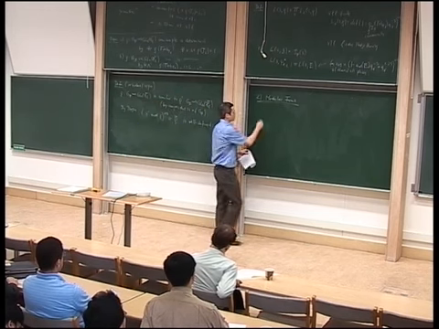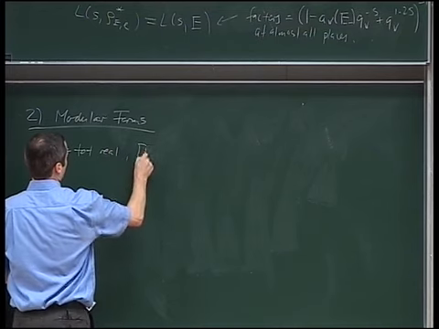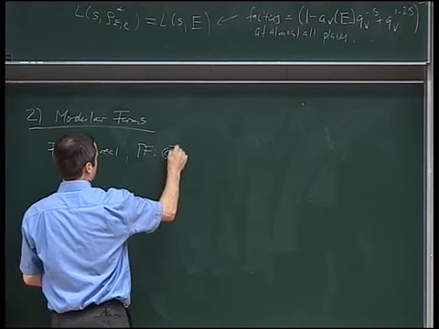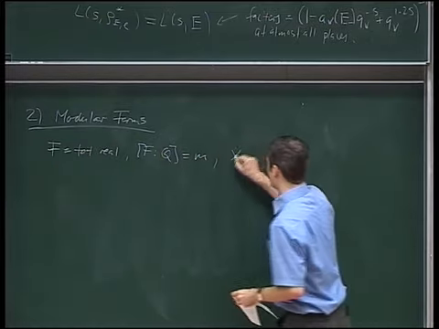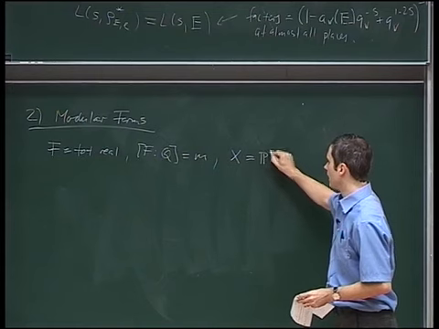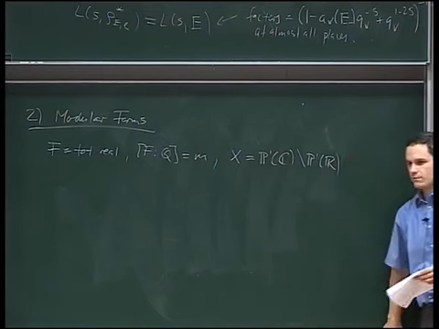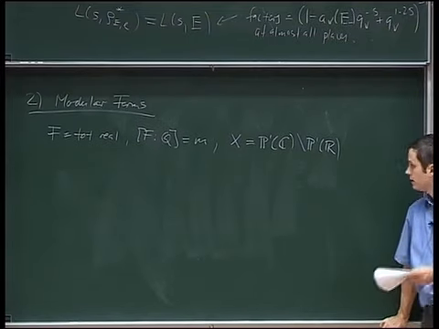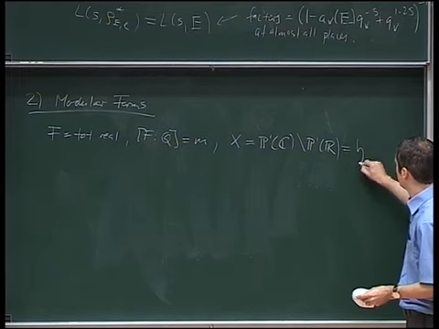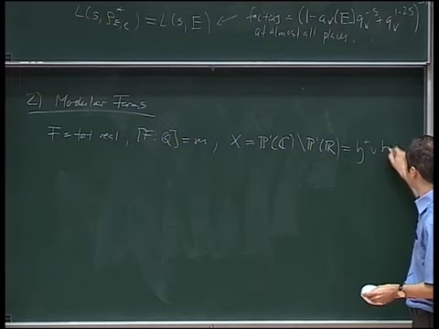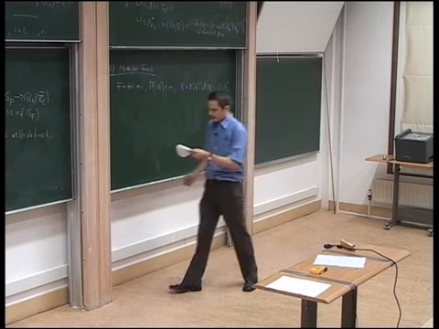So I'll now restrict to a totally real field F of degree m over Q. And I'll denote by X the double half plane given by P^1(C) minus P^1(R). So an upper half plane and a lower half plane.